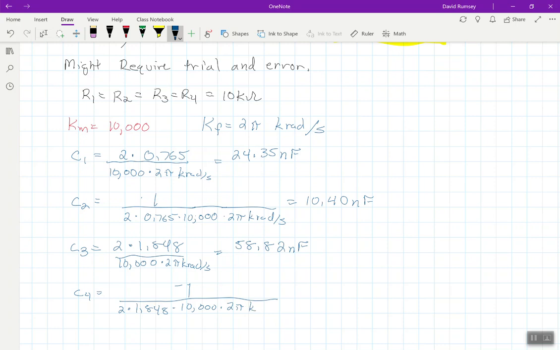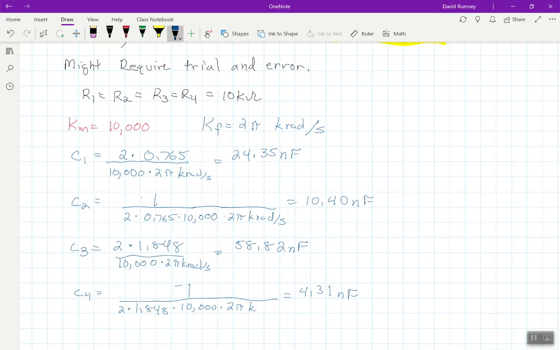If I do that computation, I wind up with 4.31 nanofarads. And so I now have my design complete, and I could go ahead and simulate this.